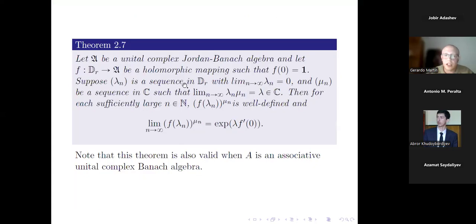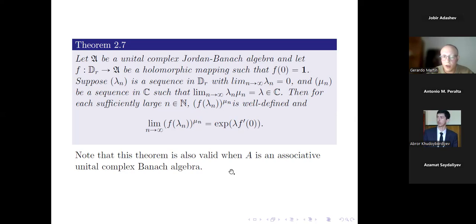When we consider a unital complex Jordan Banach algebra and we take a map f from the disk centered in 0 and of radius r in C, an holomorphic map such that f of 0 is equal to the identity, and we suppose additionally that we have two sequences, lambda sub n, a sequence in the disk whose limit is 0, and another sequence such that the limit of the product of these two sequences is equal to lambda, then for sufficiently large n, this expression is well defined, and we have the following identity: the limit of this expression is equal to the exponential of lambda multiplied by the derivative of the map f in 0.